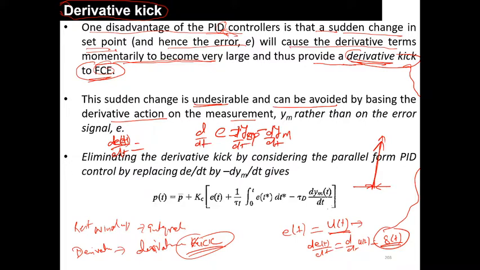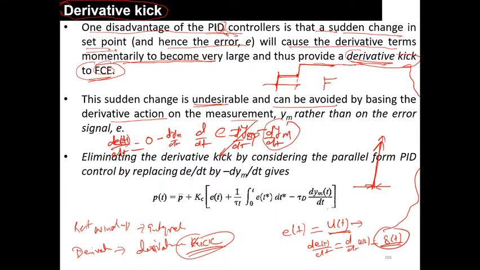Set point is constant up to this point, from this time to this time it is constant, and therefore it becomes 0. Minus, however, the measured value of the system may be changing, so it will be minus dy by dt.